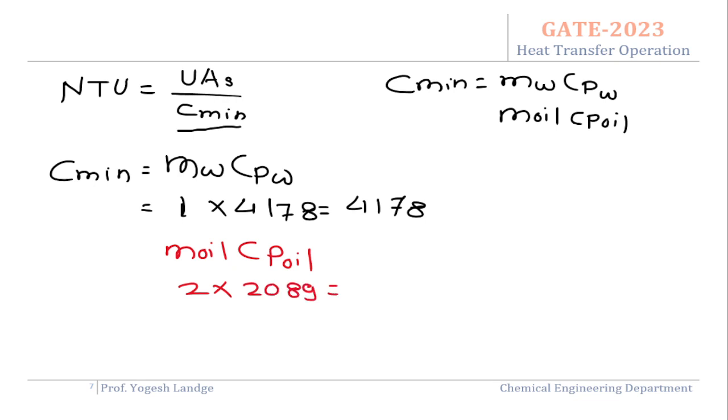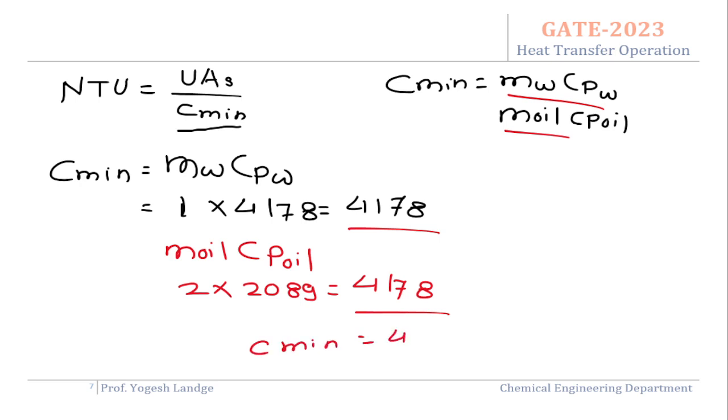When I multiply it, my answer is again 4178. So in both cases the value is the same. Either you take this one or this one, it doesn't matter because the C minimum is the same. So we got a value of C minimum, which is 4178. Okay, so this is the first case.